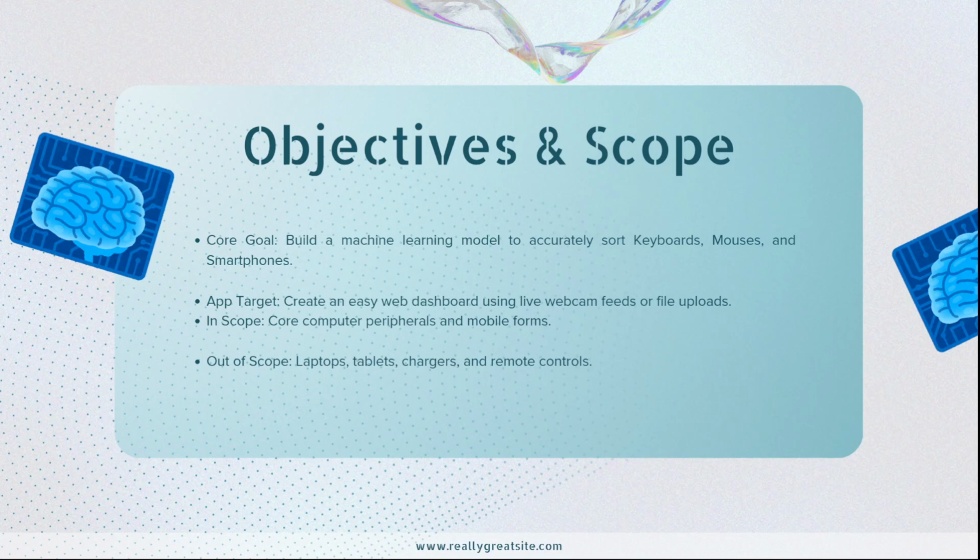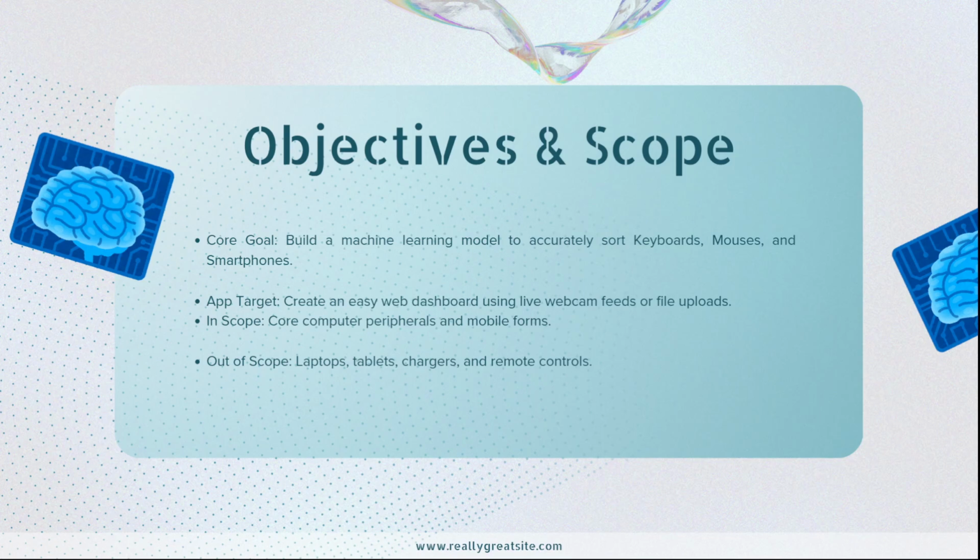We designed this project around specific architectural goals. Our main objective was to engineer a high-performing image model that perfectly categorizes three target classes: keyboard, mouse, and smartphone. We also set out to implement a live web-based prototype dashboard that runs instantly for an everyday user.